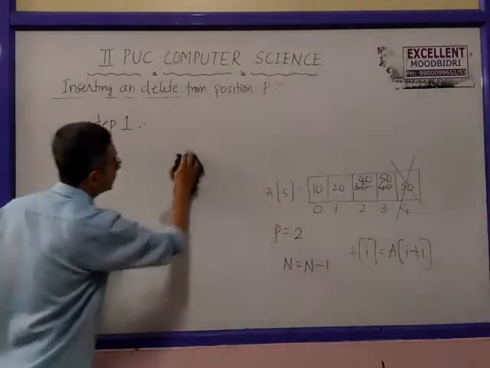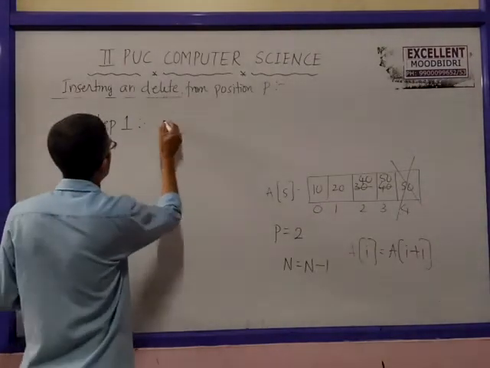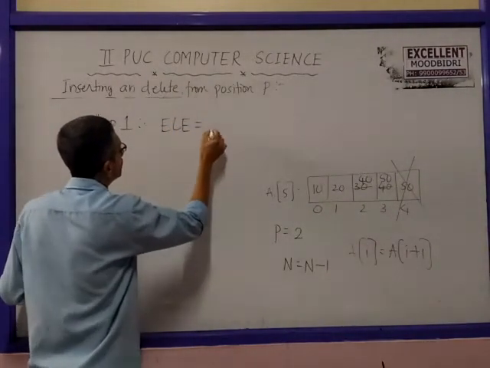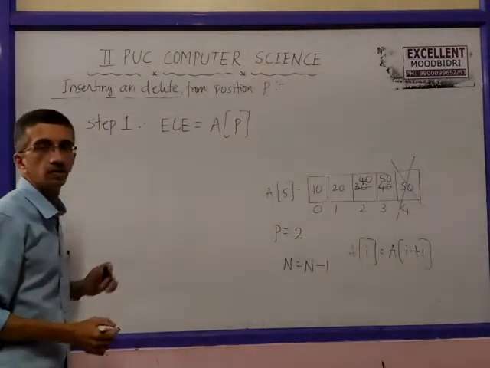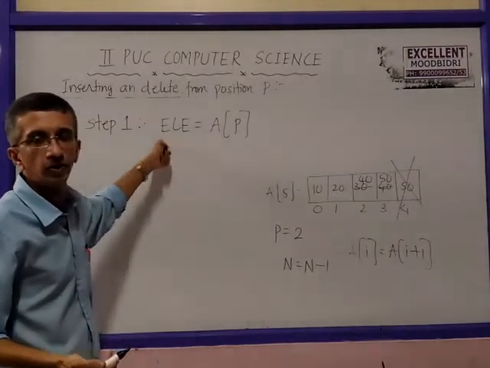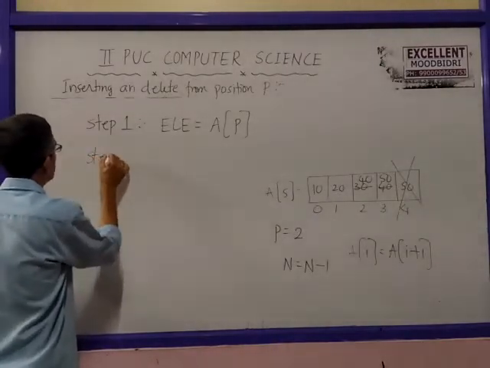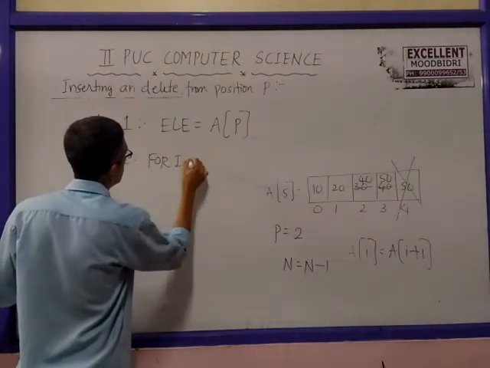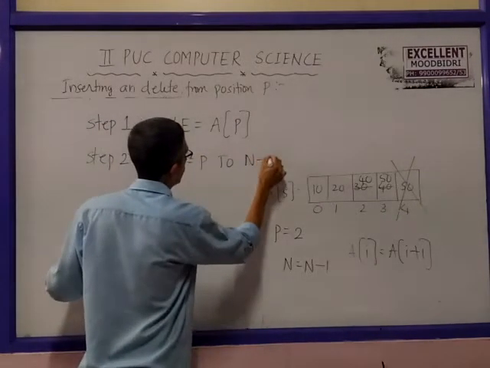So first we can store this item. Suppose element is equal to A of p. The item at the given position is assigned into a variable so that we can display it, which is the deleted item. So next, step 2: for i is equal to p to n minus 1.